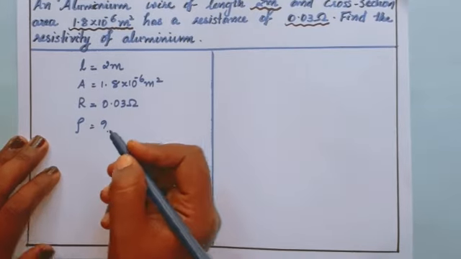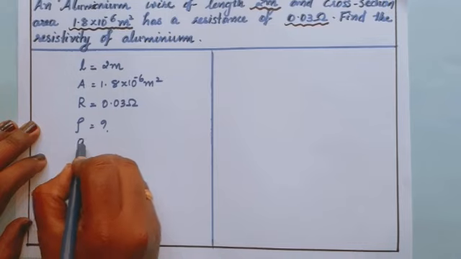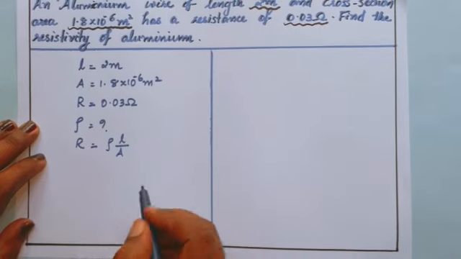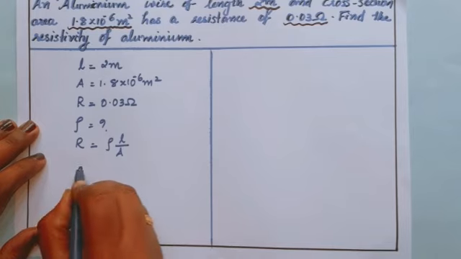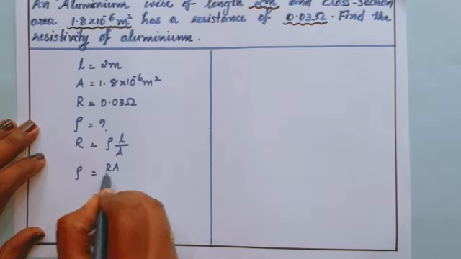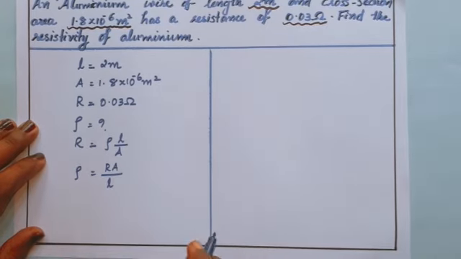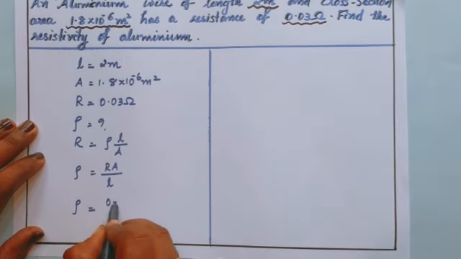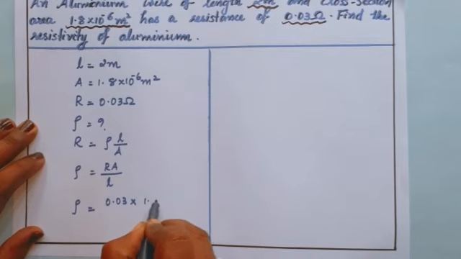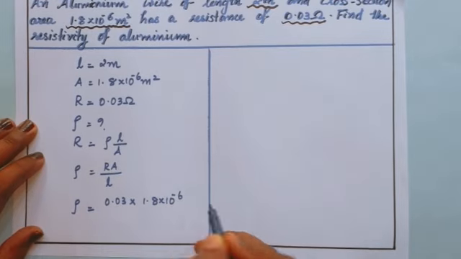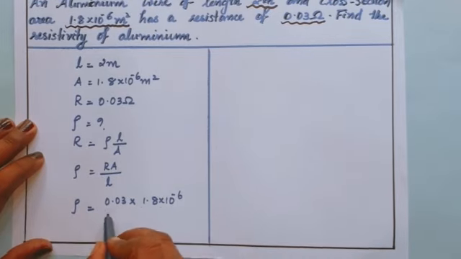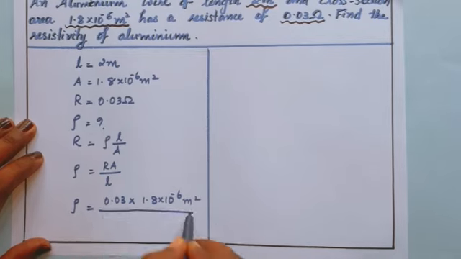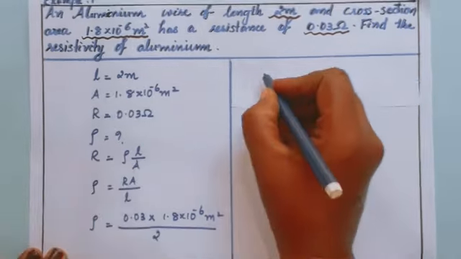What do we want to find out? Resistivity. We know the equation R is equal to rho L by A. From this, rho is equal to RA by L. Then substitute the values into the equation. Rho is equal to 0.03 into 1.8 into 10 raised to minus 6 meter square, divided by L, which is 2 meter.